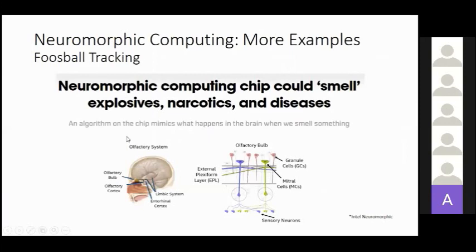Yep. Also, there are even more bio-inspired approaches using spiking networks. This one was from Intel recently, where they modeled the olfactory system in the brain, and using a similar model in neuromorphic hardware, they were able to classify different odors.